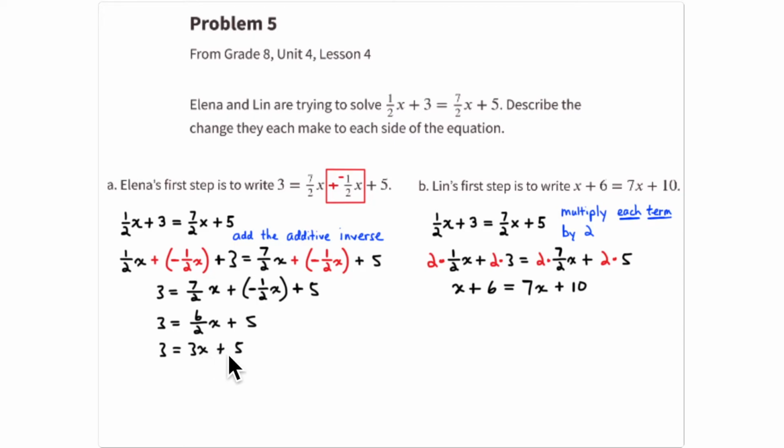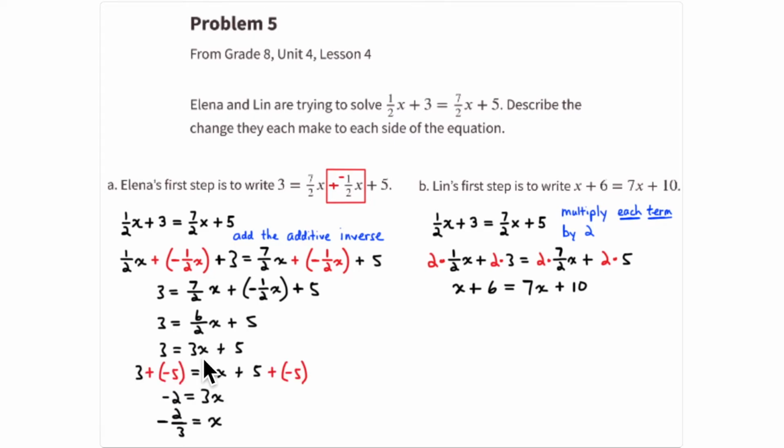So this is 3x plus 5, and so now if you solve for x, add a negative 5 to both sides. This is 3x now equals a negative 2. So 3 plus a negative 5 is negative 2. This 5 plus negative 5 disappears. That becomes 0. And to get rid of this coefficient, you multiply by the multiplicative inverse of 3, which is 1/3.